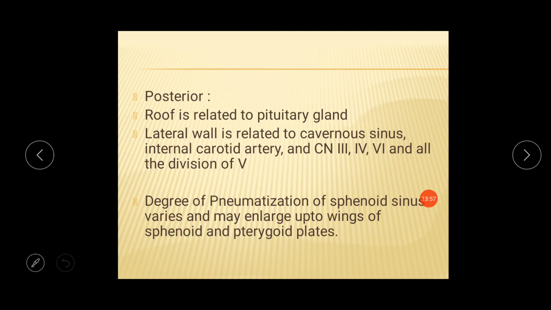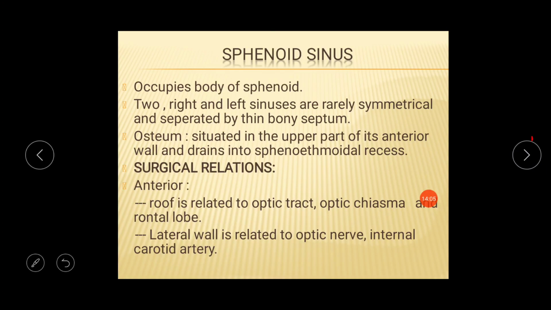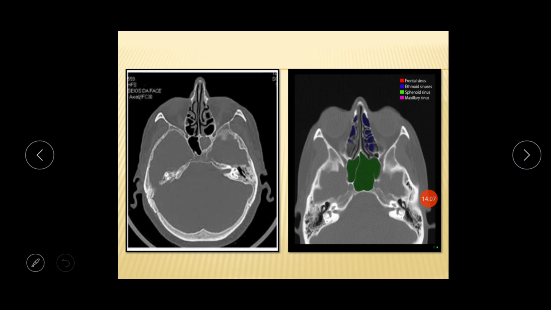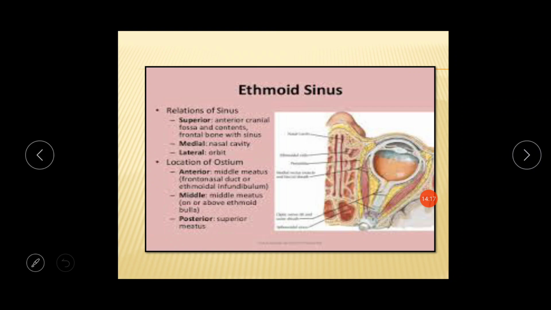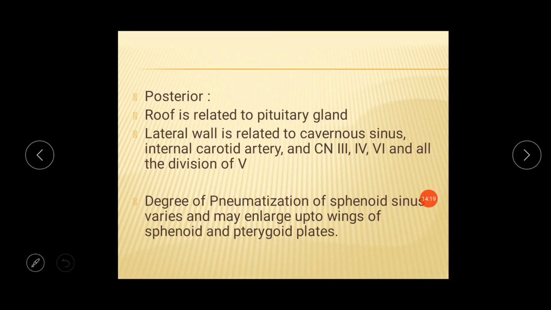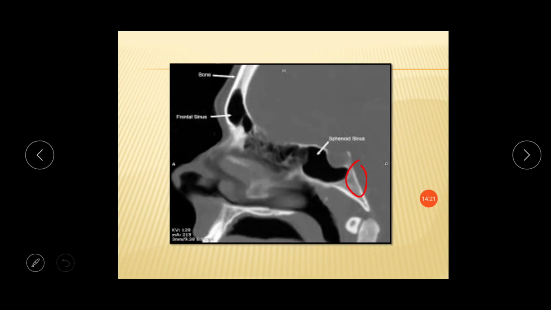The lateral wall is related to the cavernous sinus, internal carotid artery, cranial nerves 3, 4, 6 and all divisions of the 5th cranial nerve. In the lateral part of the sphenoid sinus, the optic tract and both cavernous sinuses are situated, over the lateral sella turcica, on the right and left.